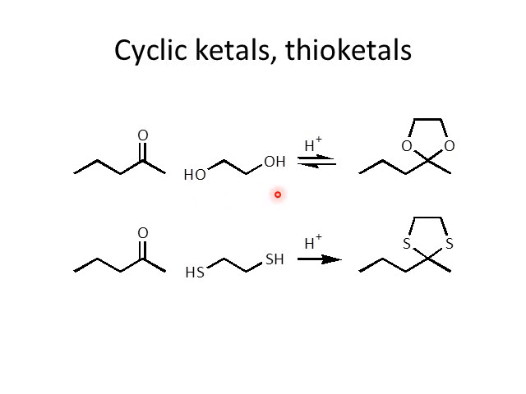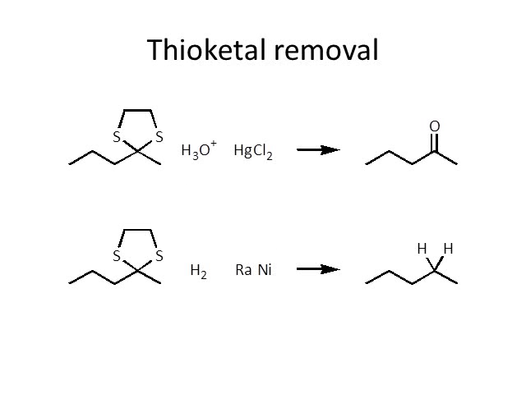And you can do that with oxygens, or you could also do that with sulfurs. These thioketals, that's the sulfur version of a ketal, can be hydrolyzed, just like ketals can be hydrolyzed, though their conditions are a little bit different.